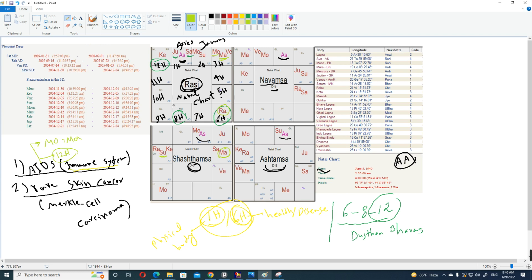First, the house that they are placed, you start from here in clockwise. 1, 2, 3, 4, 5, 6, 7, 8, 9. These are the houses that Rahu is aspecting. Then you move here, start from here in clockwise. 1, 2, 3, 4, 5.